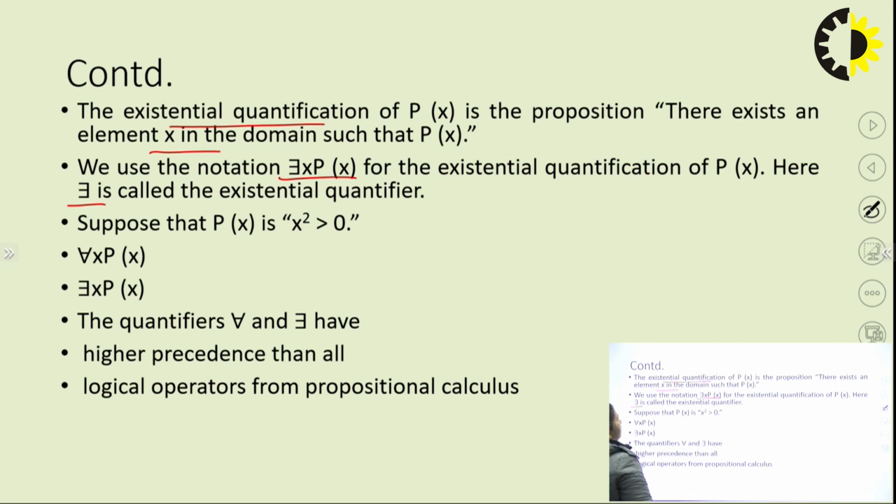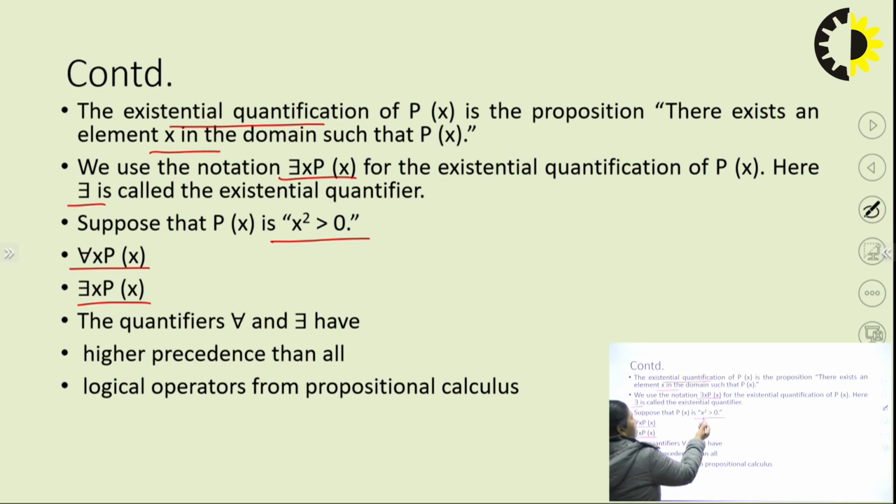So, let us take an example. Px is x square is greater than 0. Now, we will see for all x Px is true or not, there exists x Px is true or not. So, when I take for all x Px, it means I take any value of x: 0, 1, 2, 3, minus 1, minus 2, minus 3 from integer domain, whether it is true or not.